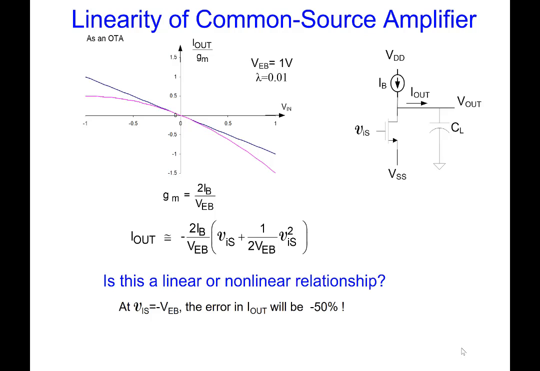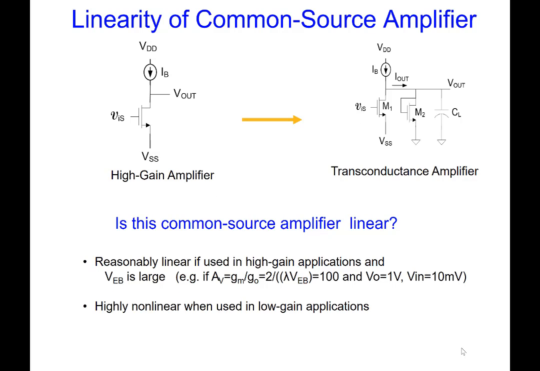I did the same thing for the bipolar structure. So we can ask the question whether this is linear or not, and it's reasonably linear if we use it in high gain applications.